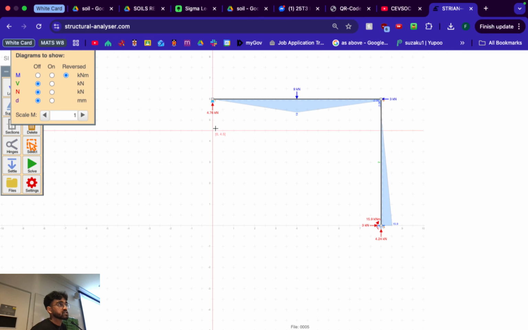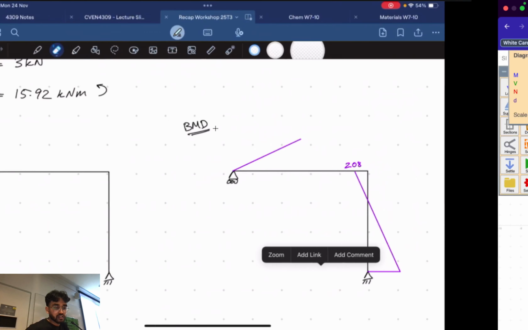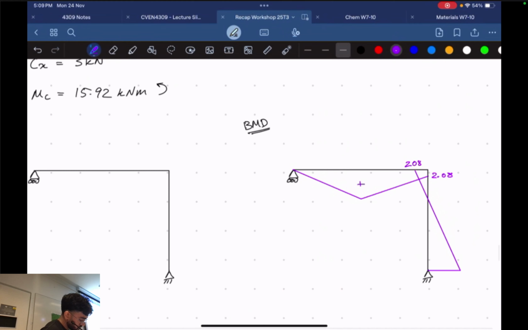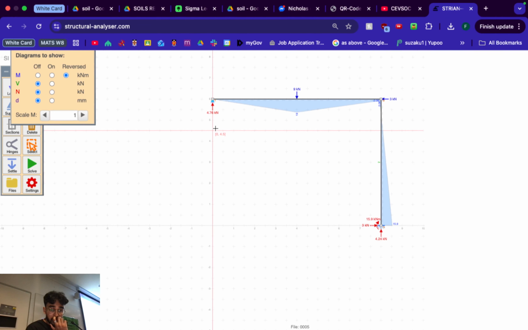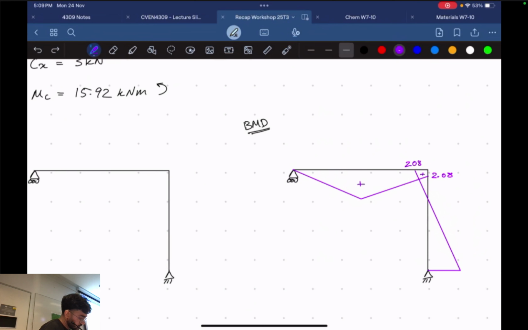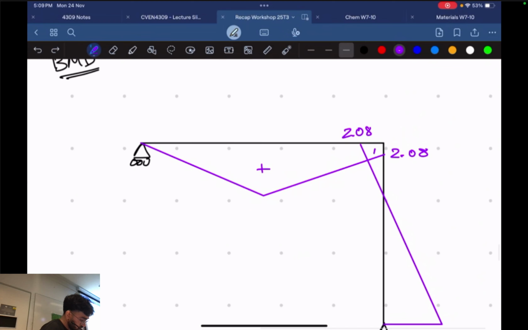So the reverse just means that it's on the tension side. So it's going to look like this. It's going to go down here, 2.08. So we get a positive. Yeah, sorry, this part should be a negative over here. This part should be a positive.